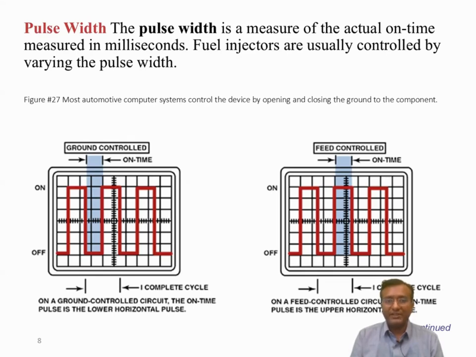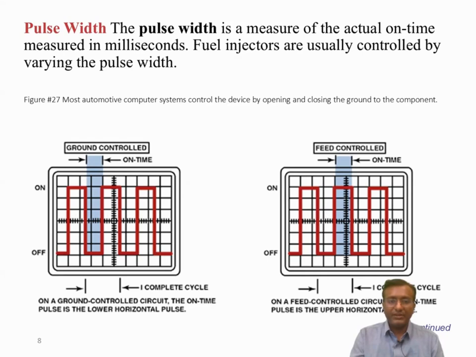And these fuel injectors are controlled by using these pulse width signals. Now, when it is connected to the ground, this indicates the on time, and when it is connected to the feed, meaning the fuel is supplied, it indicates the on time.